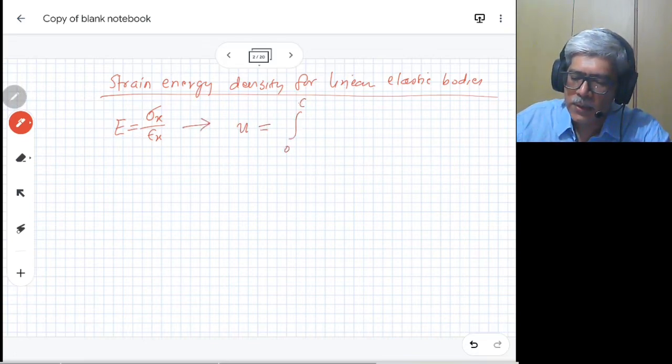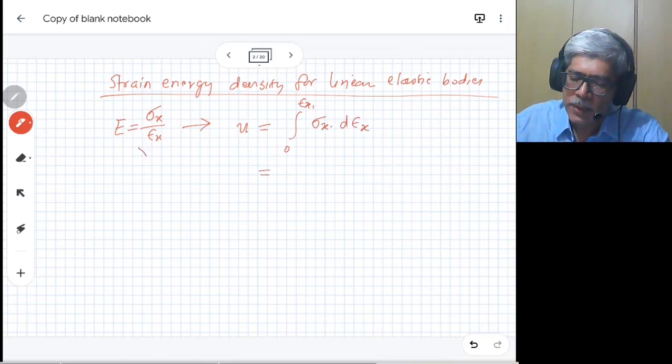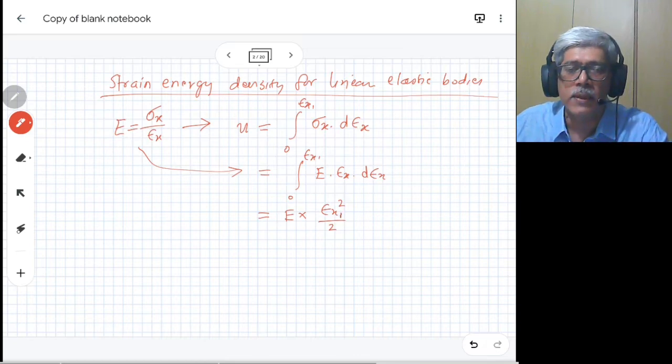Our expression is the integral from 0 to epsilon x1 of sigma x d epsilon x. Using this, we can write sigma x as E times epsilon x multiplied by d epsilon x, which is nothing but E multiplied by epsilon x square divided by 2, with the limit up to epsilon x1 square.